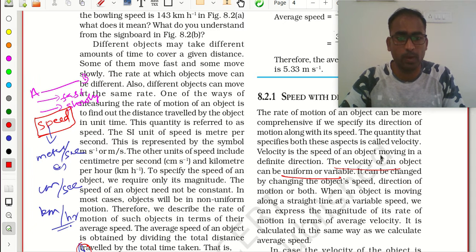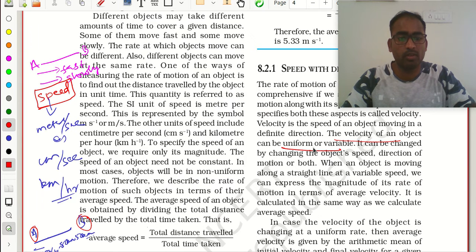If it is going in the positive direction it will be plus, and if we get a negative velocity, it means the opposite direction. But in speed, we don't have any positive or negative speed. So in velocity we need to consider both the magnitude and direction.